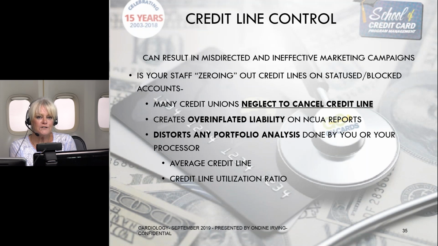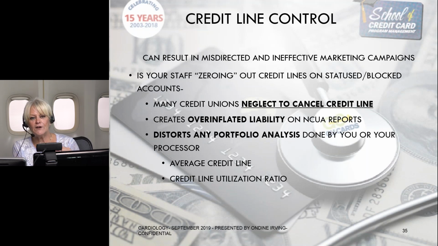When you go to determine your average credit line, not only are your number of accounts on file most likely off, but if your staff is not zeroing out credit lines on status accounts, then your overall average credit line is going to be off.